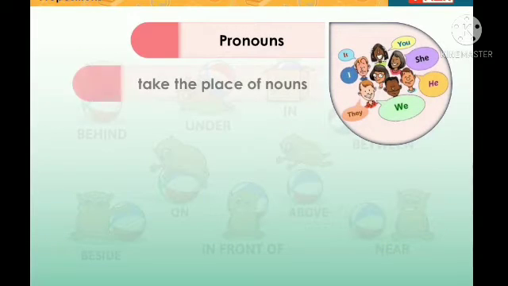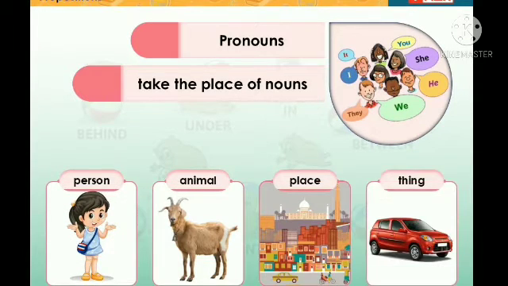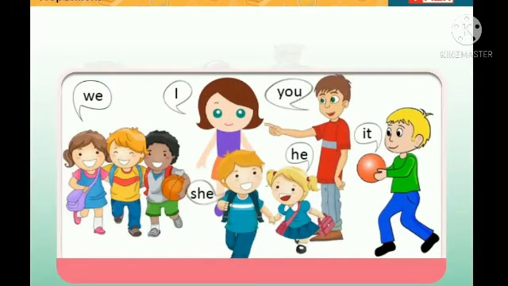Pronouns are words that take the place of nouns. That is, they take the place of a person, animal, place or thing. I, we, you, he, she, it and they are some pronouns that you have learned so far.